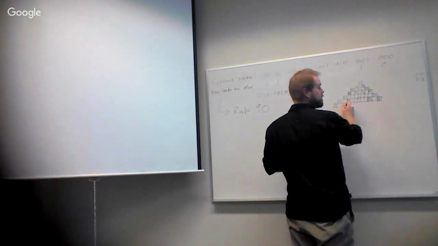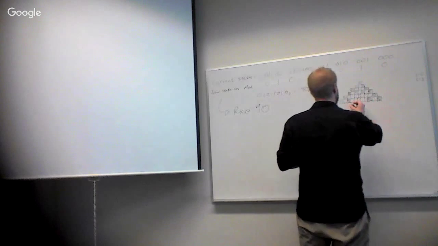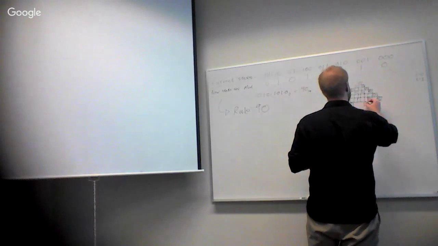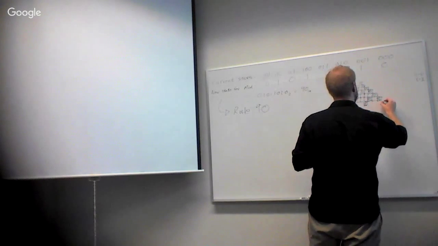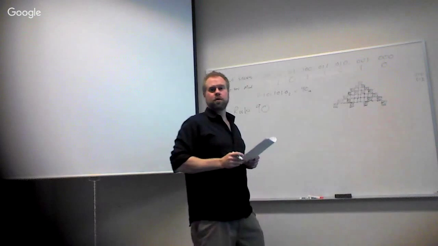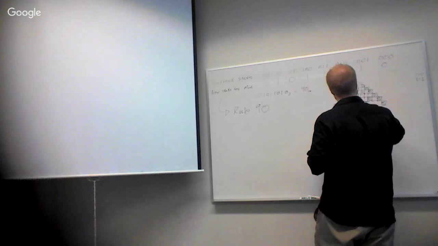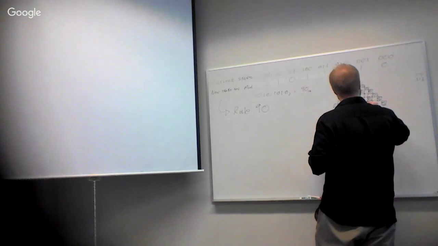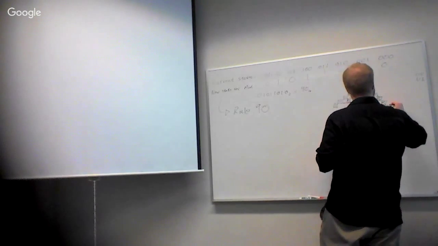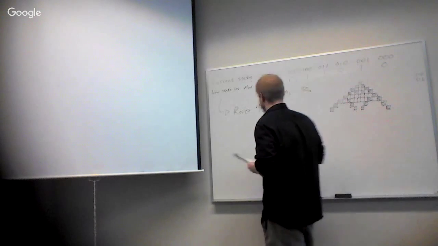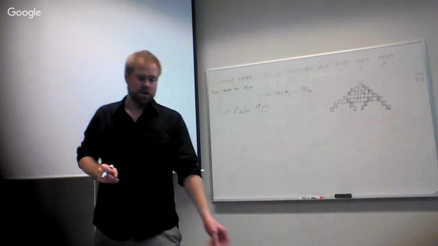This guy can't be on because they're both on. This guy now can be on. So this branch is going to be longer than it was before. And in fact, it can be one more longer before we get where both of the neighbors are on. Cool.